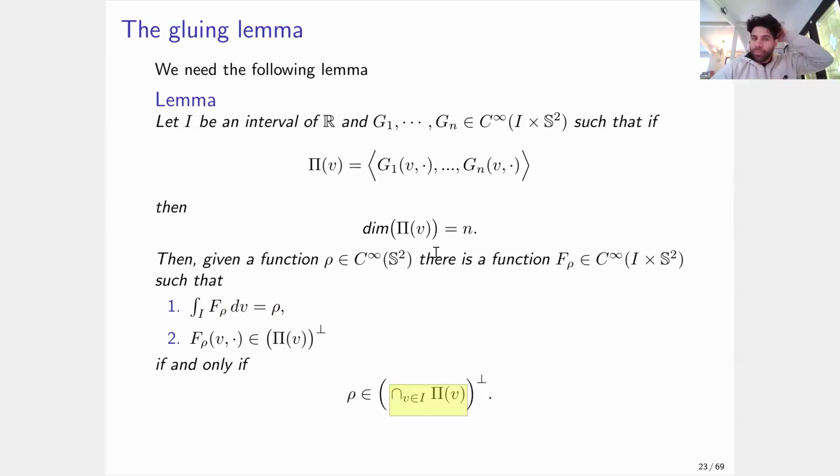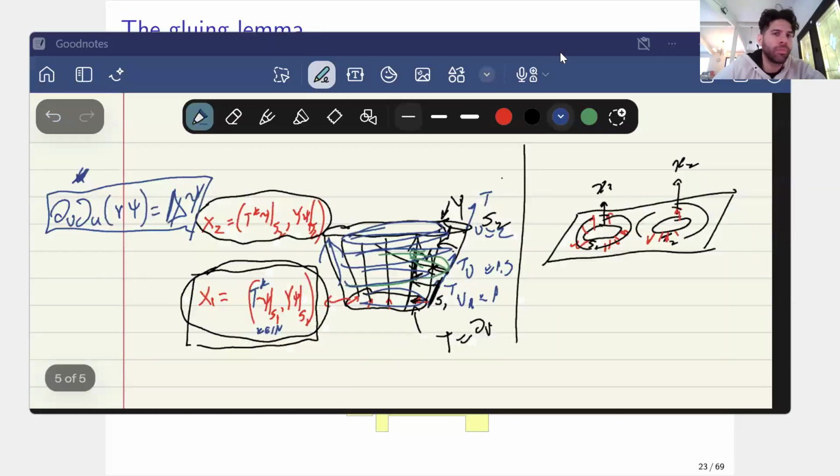So you see, the rho, the function that's given to you, has to satisfy this property. If you have kernel here and you have kernel here, but those two kernels are very different, so their intersection is 0, then those two kernels are not an enemy. You can still do gluing.